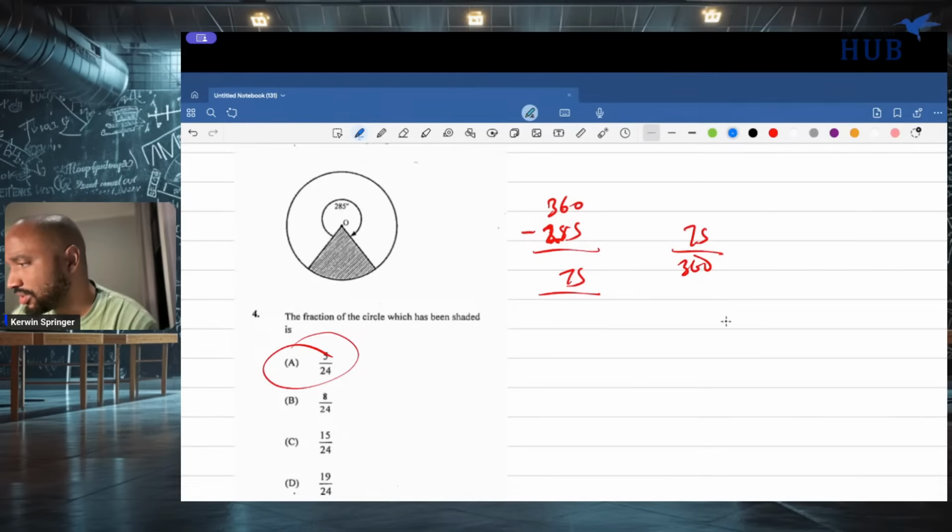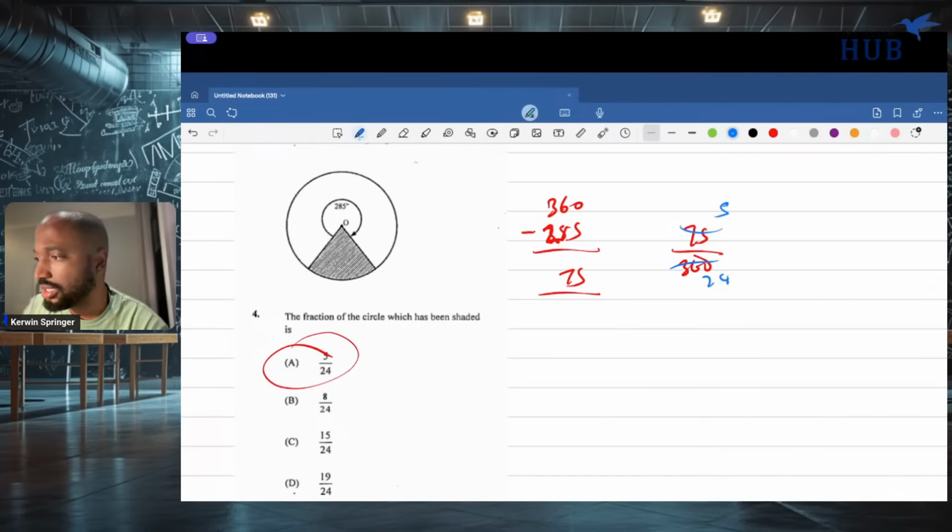I'm trying 15, that's going into 360. 20 and 4, 24 times. Yeah, 24 and 15 are going into this 5 times. So 5 out of 24.